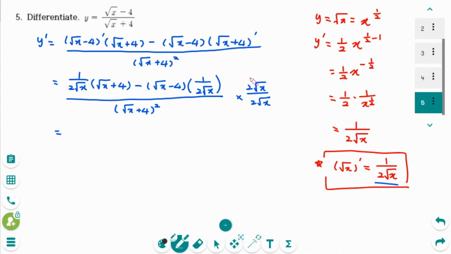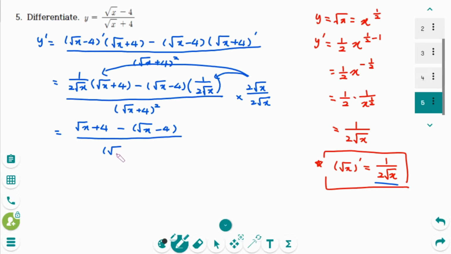The first one, square root of x plus 4 minus the second one, cancelled, square root of x minus 4 over square root of x plus 4 squared times 2 times square root of x.